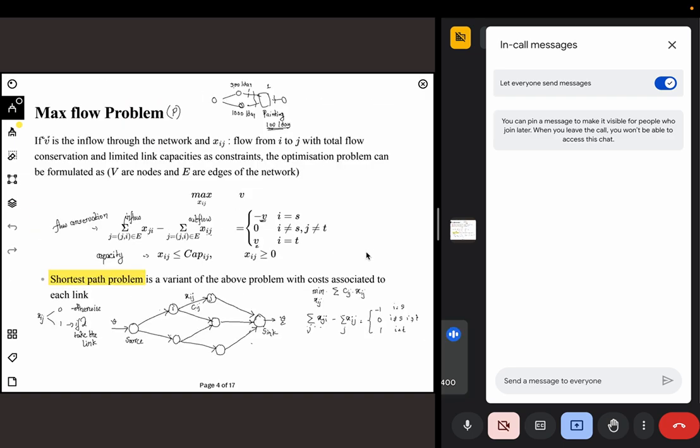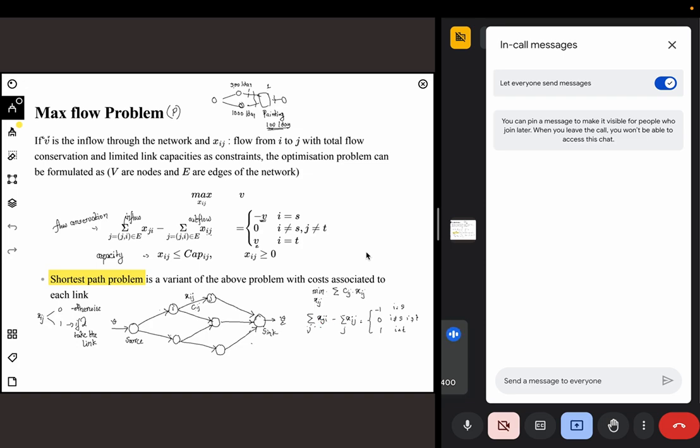See, when we define these are the constraints, so we are trying to minimize this sigma Cij Xij, and the constraint is this sigma Xji minus sigma Xij should be equal to these values. What is this Xji? J is the incoming node, I is the outgoing node, right?